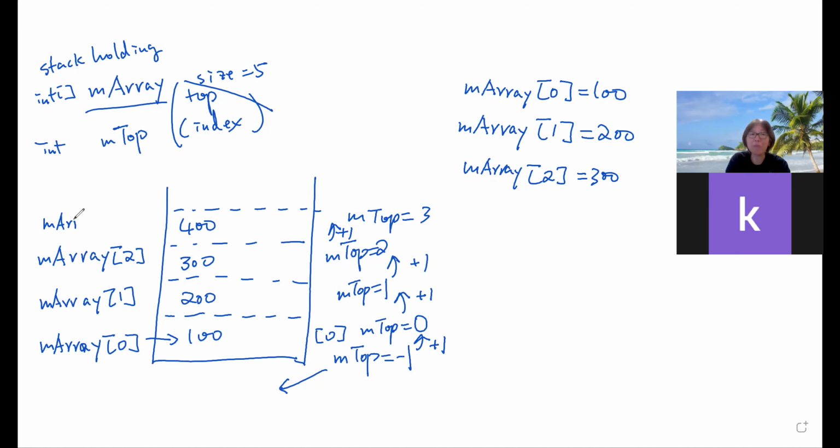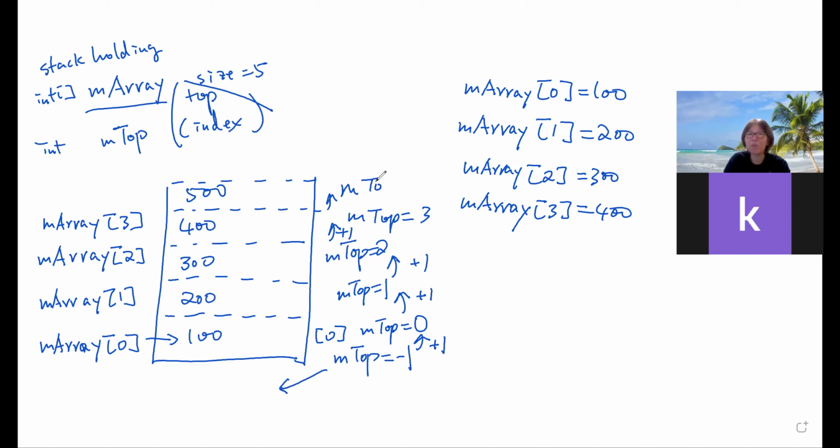And your array sub 3 is going to be 400. Then 500 is going to be added.